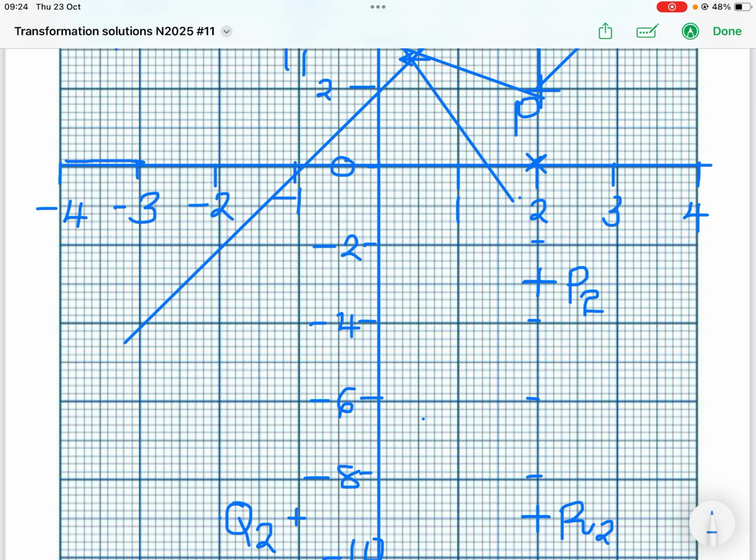This is our Q2. And then after that, we need to join the coordinates. So I need to join this point and this point, like this. And then I join here, like this. And then finally here.